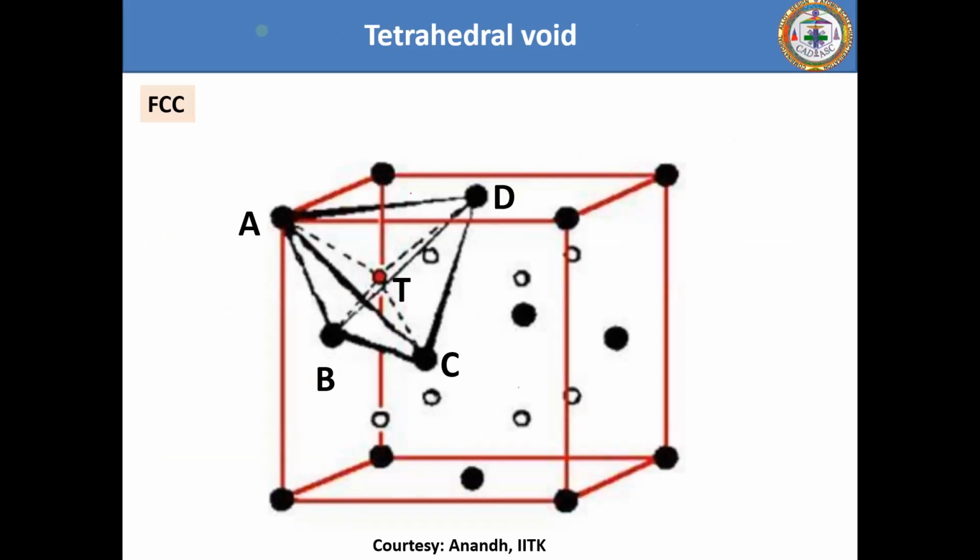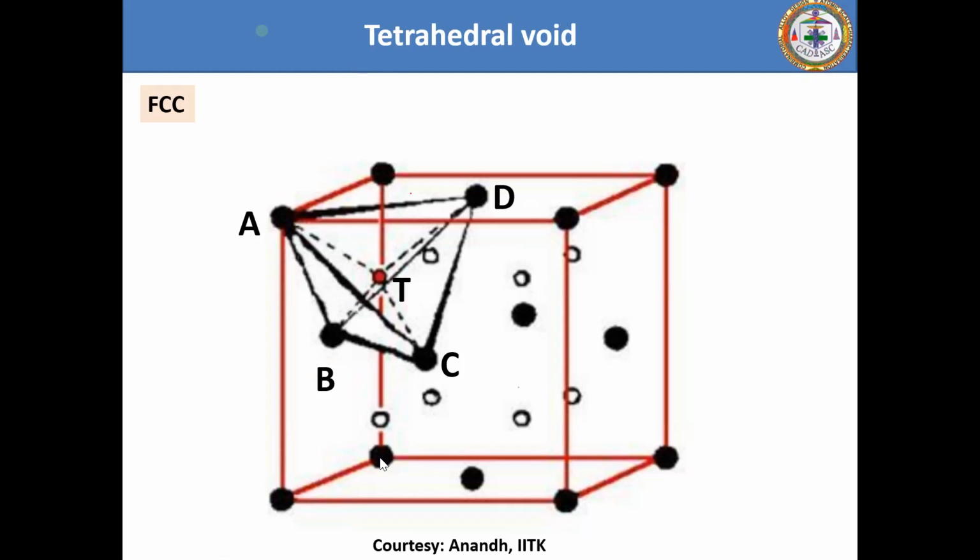Now let me not give you the indices. Looking at this diagram, can you tell me what should be the indices of this tetrahedral void? Just consider the cursor that I'm showing you.